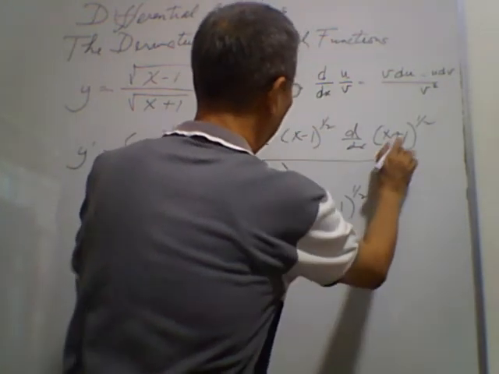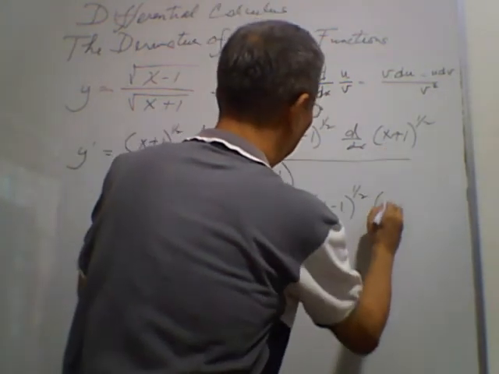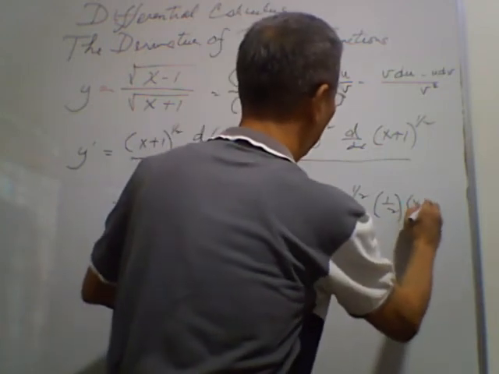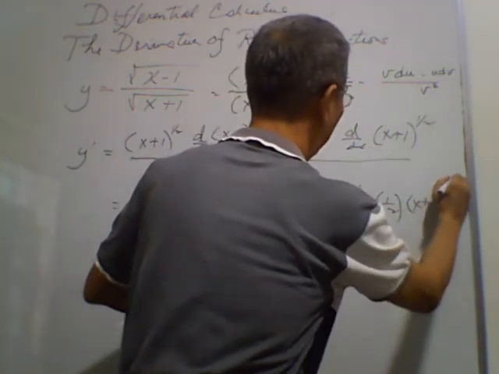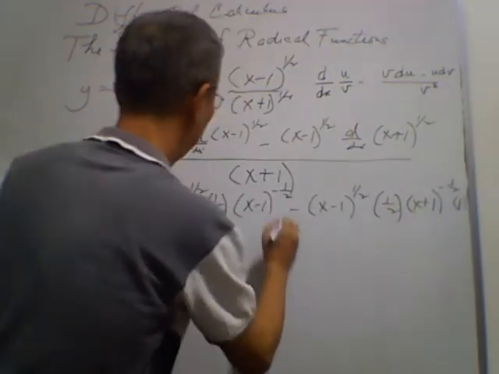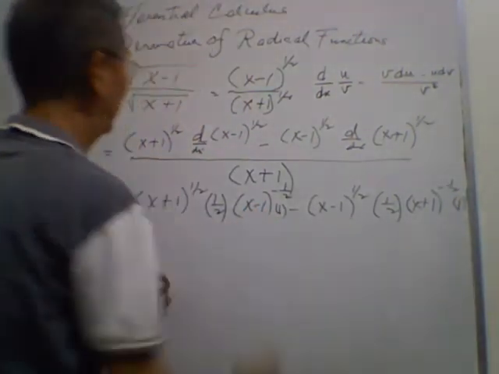And the derivative of that: subtract 1 from the exponent, so x plus 1 raised to negative 1 half. And 1 is the derivative of x.